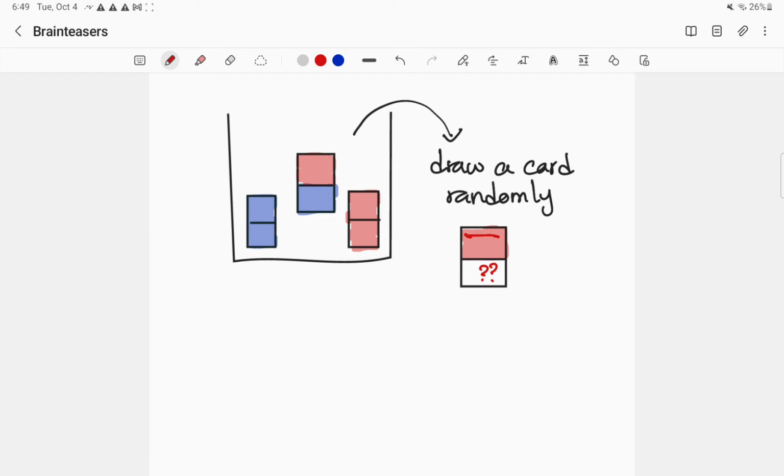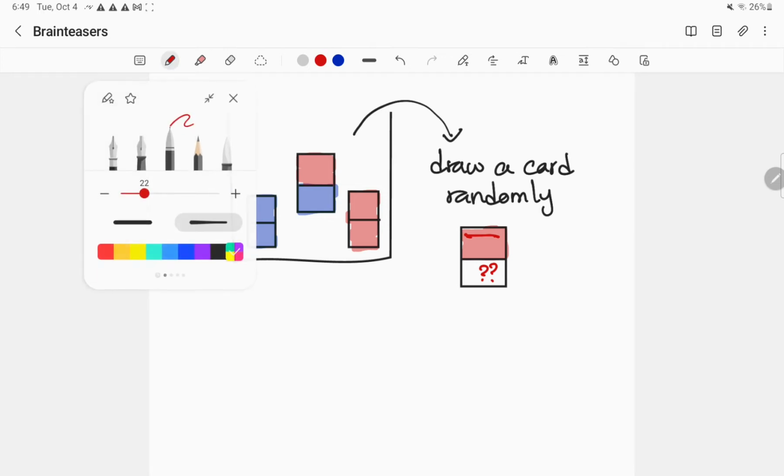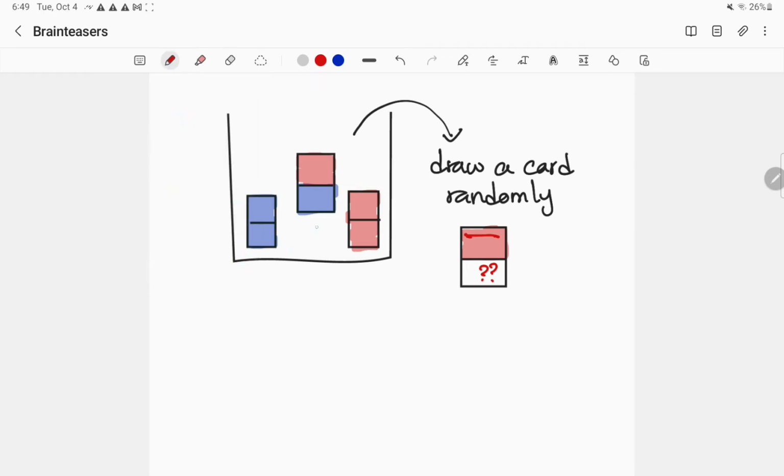So let me repeat the question. We have a bucket with 3 different cards having 2 sides with 2 different colors. First card, both sides are blue. Second card, one side is blue and the other side is red.